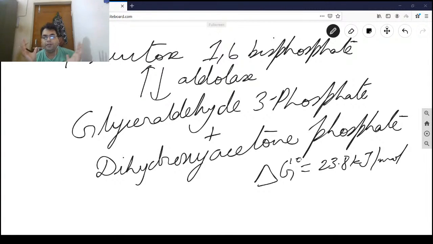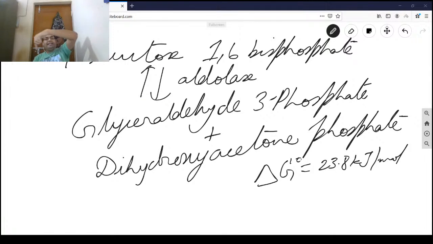If you have a lot of fructose 1,6-bisphosphate, the aldolase enzyme can never convert a huge amount of fructose 1,6-bisphosphate to glyceraldehyde 3-phosphate and dihydroxyacetone phosphate. But in the cell you have picomolar, nanomolar concentrations of fructose 1,6-bisphosphate.